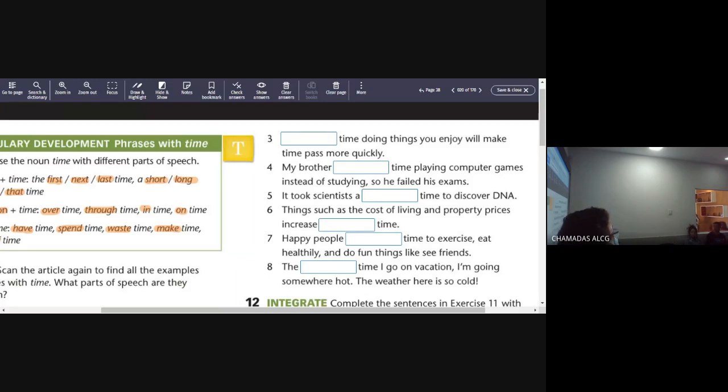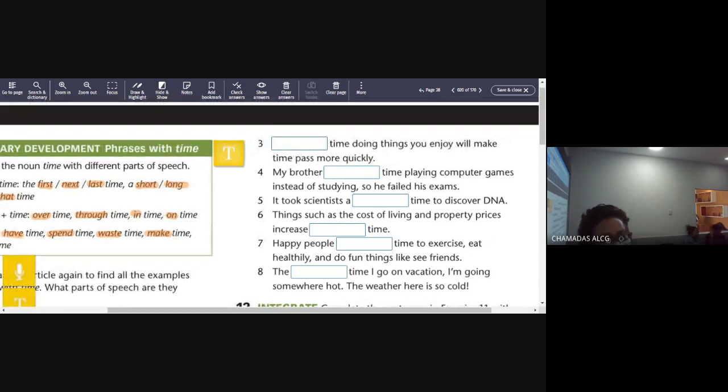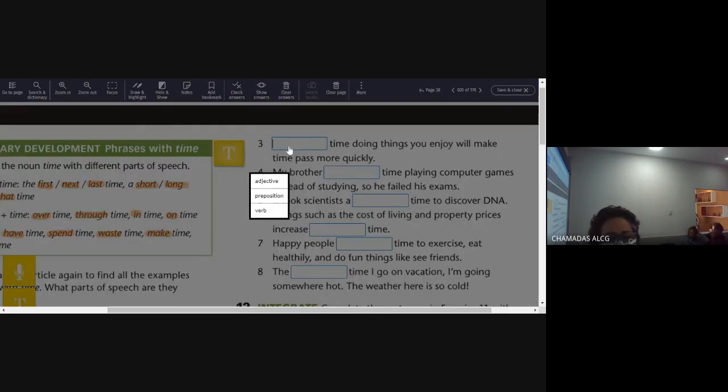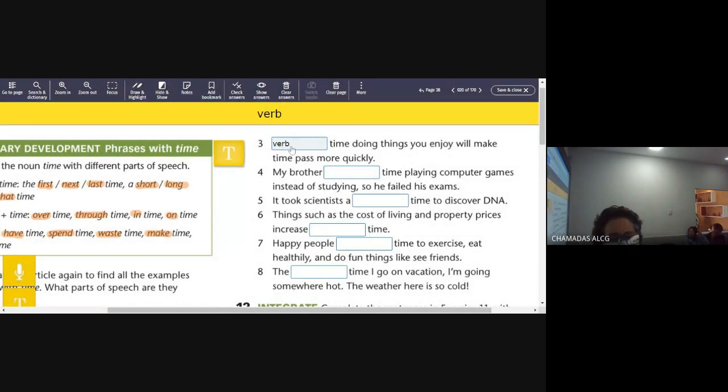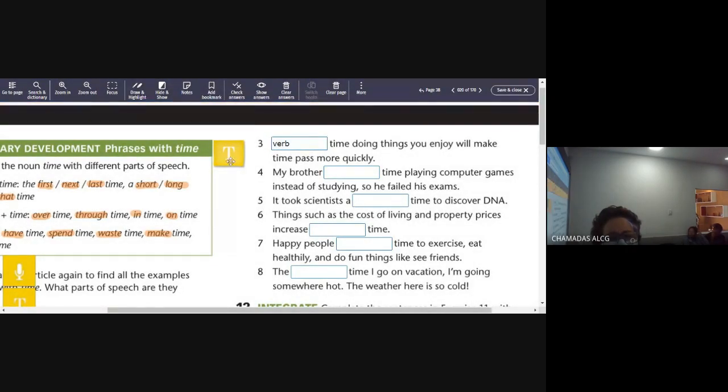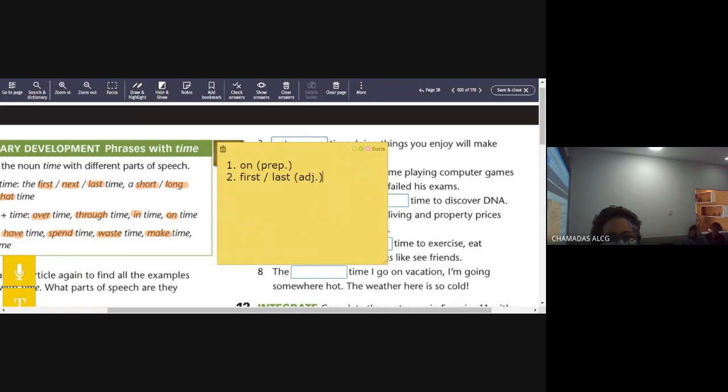That time when you said this or that, okay? So here it's better, but I understand your idea. It's better to use a verb here. So instead of using an adjective, we should use a verb. So here in number three, we could put, for example, spending.